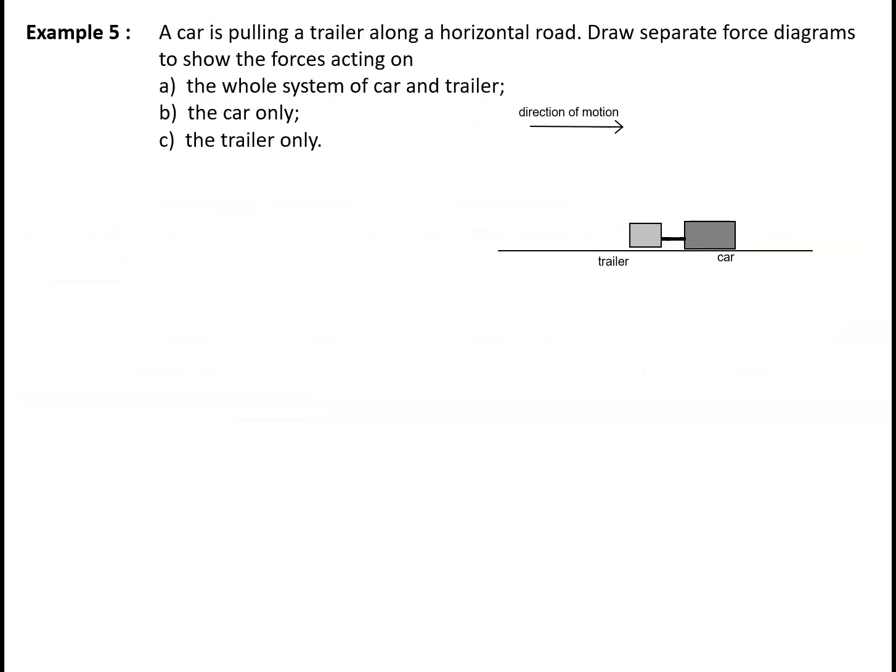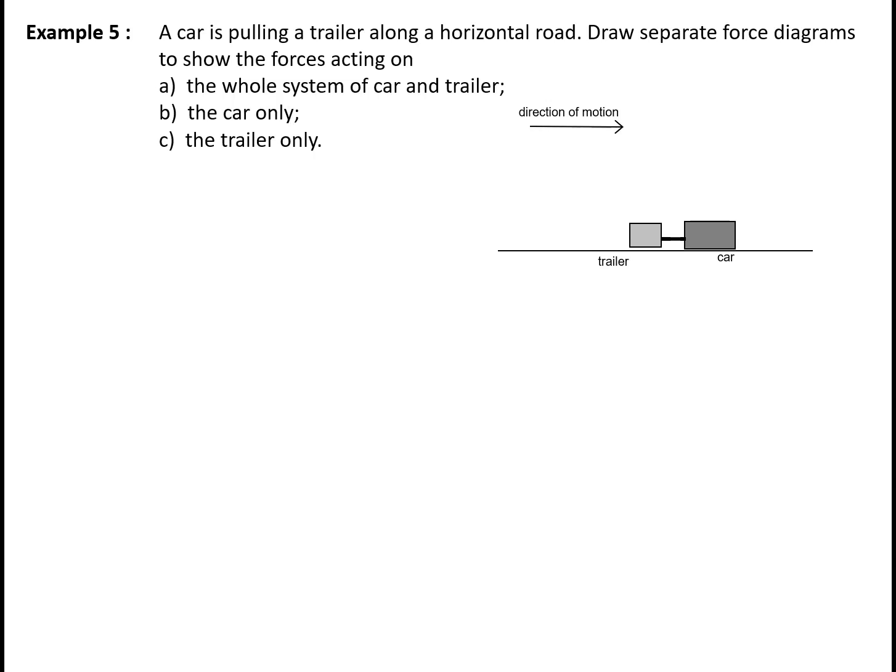So, for our final example, we're going to consider a car which is pulling a trailer along a horizontal road. We're going to draw separate force diagrams to show the forces acting on the whole system of car and trailer, the car only, and the trailer only.